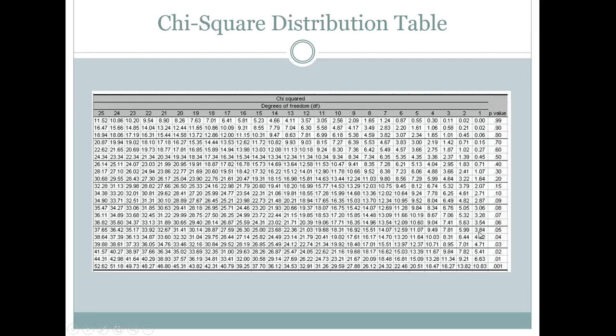Anything above 3.84 when you only have 2 outcomes will give you a statistically significant difference between the variables that you are testing. As you can see here, anything above 3.84, the statistical significance just gets higher and higher, and you'll see more and more zeros. So that's the chi-square distribution table.